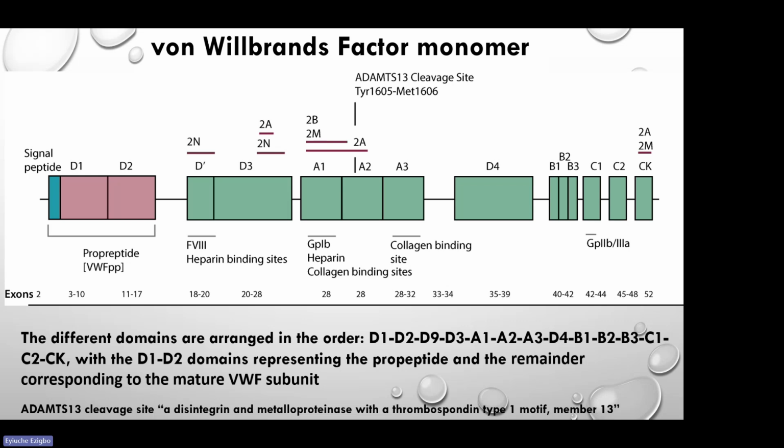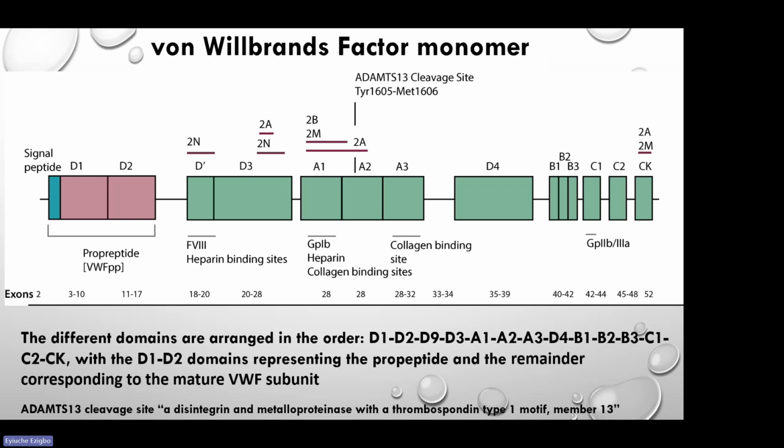When you come to this A1, A2 domain, you can see the glycoprotein 1B binding site and the collagen binding site where they bind to von Willebrand factor, and another collagen binding site.